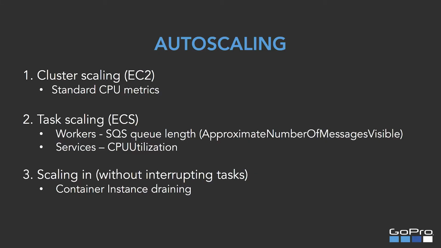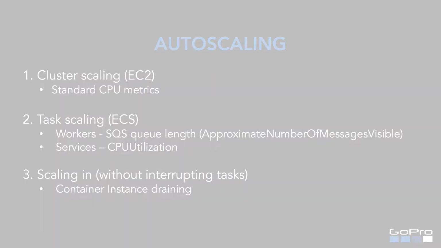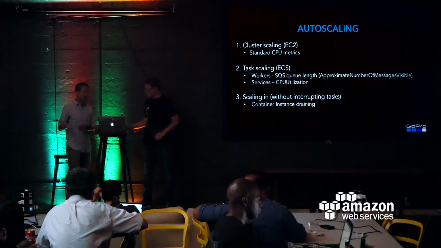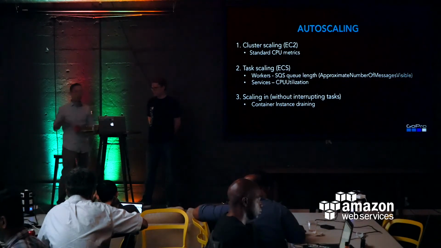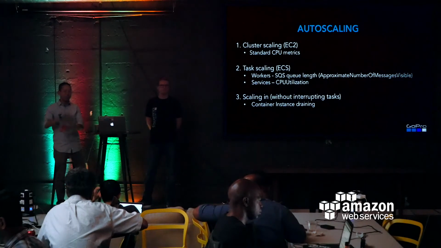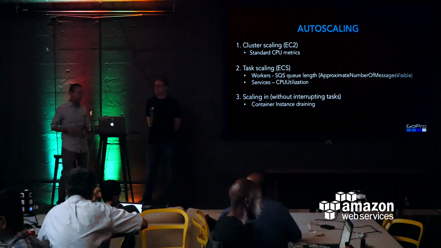Auto-scaling. I want to talk about the two things we auto-scale. Our EC2 instance, our cluster scaling, is basically just CPU metrics. However, our task scaling has a couple of flows. One is our workers, which I talked about earlier, that do the asynchronous stuff. They're a little different.